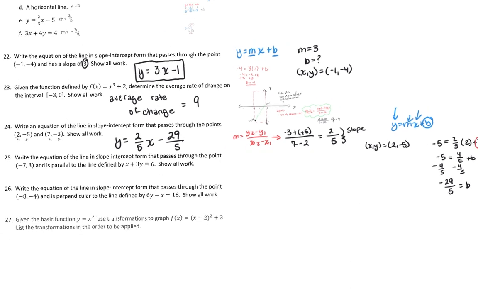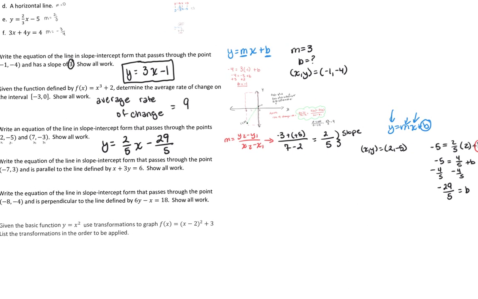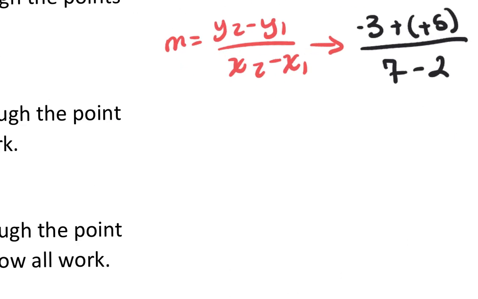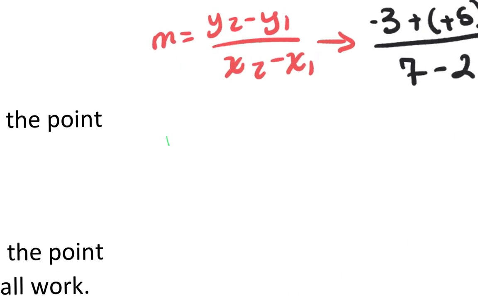Alrighty, next problem says, write the equation of the line in slope-intercept form that passes through the point negative 7, 3 and is parallel to the line defined by x plus 3y equals 6. So, if you'll remember a few things. If a line is parallel to another line, that means they do not touch. Ever. Right?